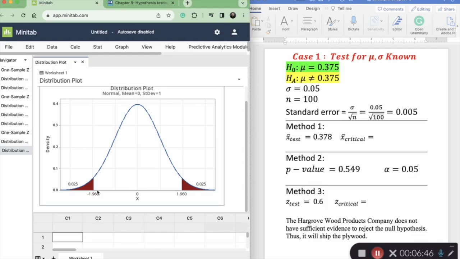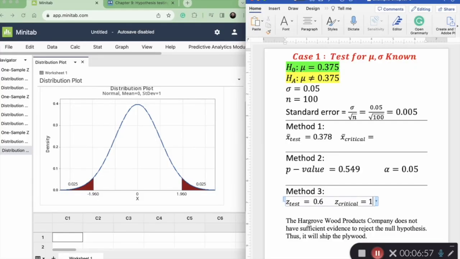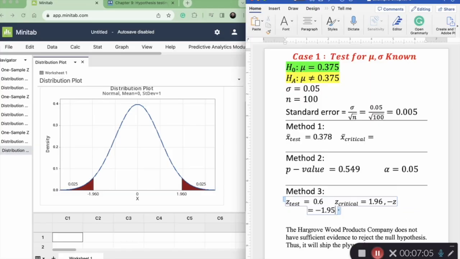Negative Z is negative 1.96. And to look at the decision, the Z critical is 1.96, and the negative Z critical is negative 1.96.